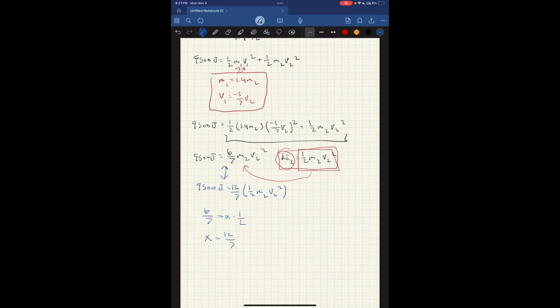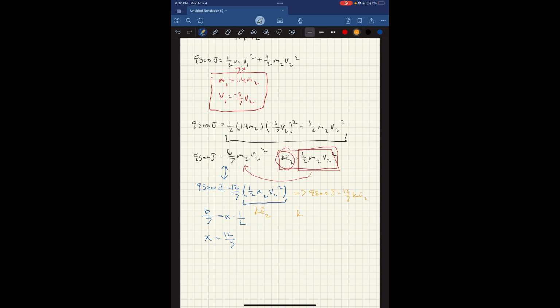They are the same numerical value, but in this case, we have this in terms of the kinetic energy of the second mass. So we can re-simplify this as 9,500 joules is equal to 12 over 7 kinetic energy of 2.